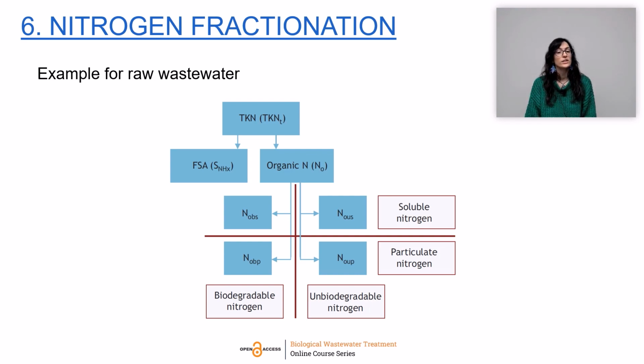The organic nitrogen can be further subdivided similarly to COD. On the one hand, we will have a soluble or a particulate fraction, and on the other hand, we will have a biodegradable and unbiodegradable fraction. So let's go now again step by step, using also raw wastewater as an example.